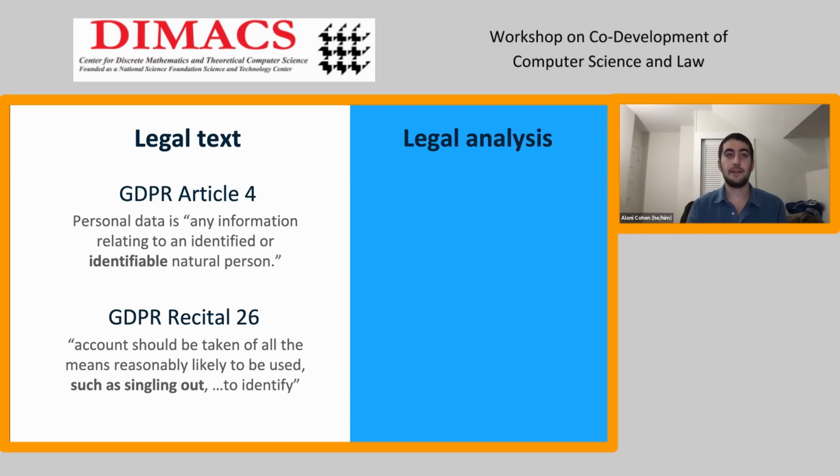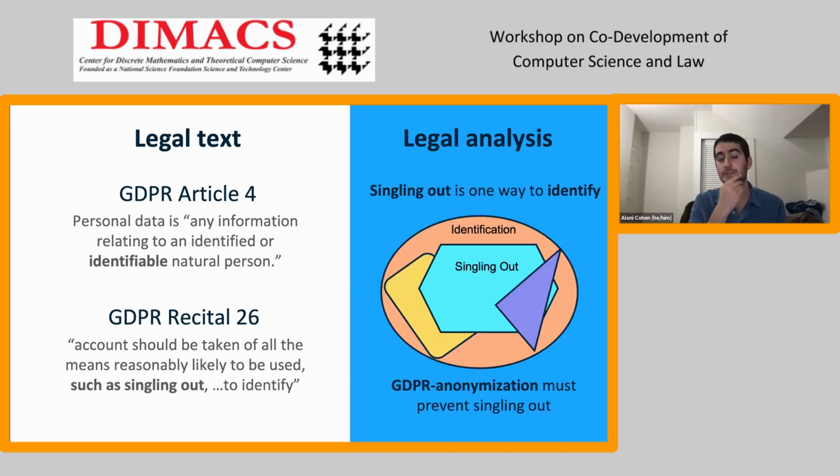It's not the only way to identify; there are these other ways, the purple way and the orange way, but singling out is one way. And if you want to do GDPR anonymization, that magic box must prevent singling out. Whatever singling out means, it must be prevented in order to say that your magic box is a general purpose anonymizer under the GDPR.